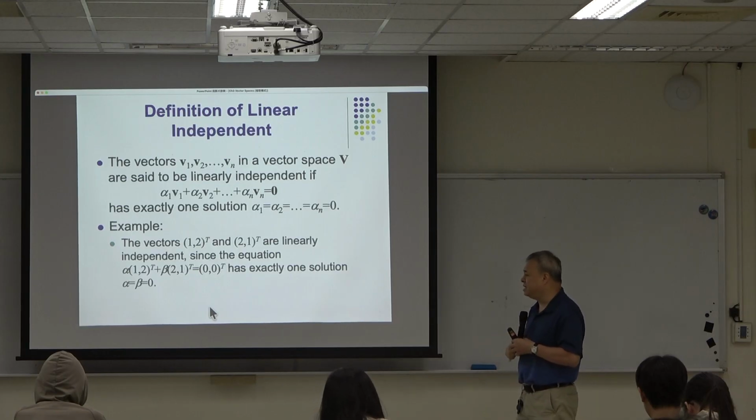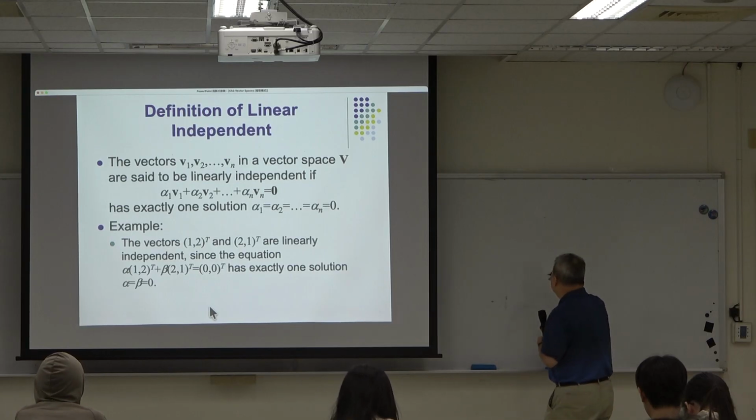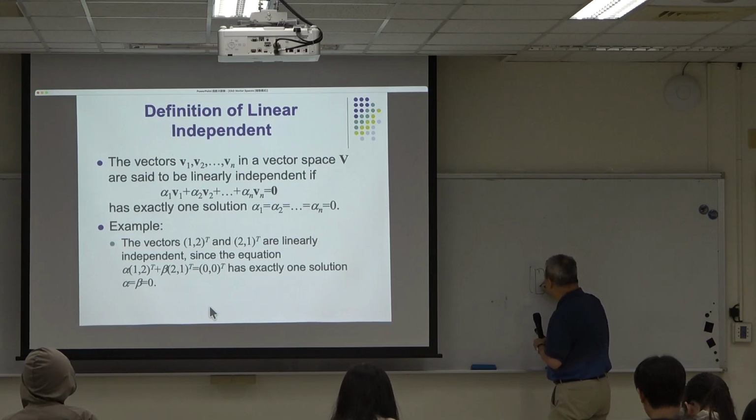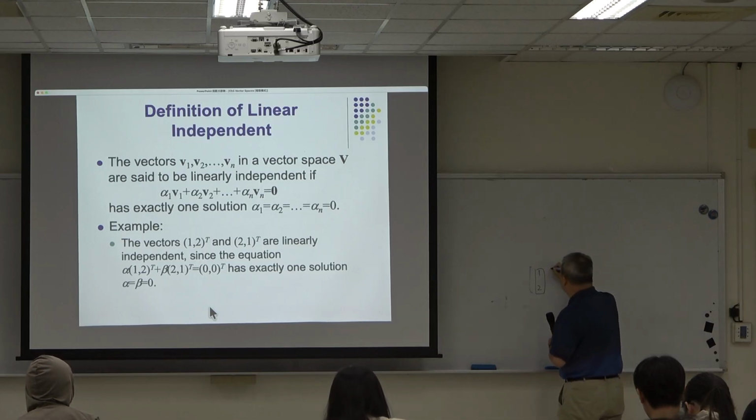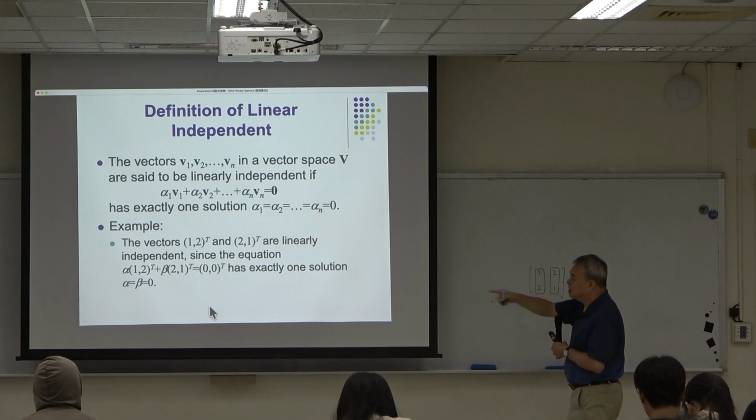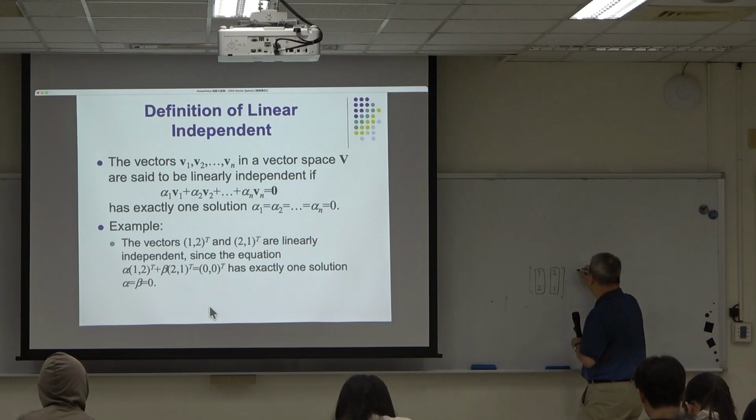If you write it in a matrix, (1, 2) appears as the first column, and (2, 1) appears as the second column, multiplied by alpha and beta.